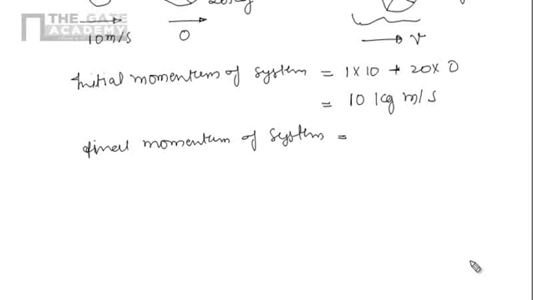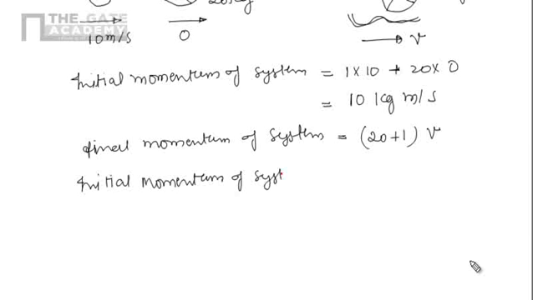That is after collision. After collision, we are having this situation here. So 20 kg and 1 kg will act as a compound body. So 20 plus 1 and will move simultaneously with velocity V. So now according to the law of conservation of linear momentum, I can write initial momentum of system equals to final momentum of system.